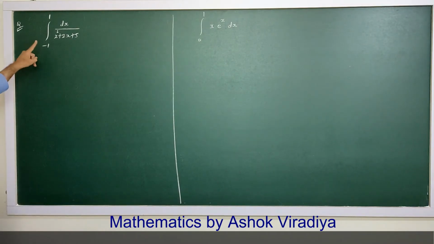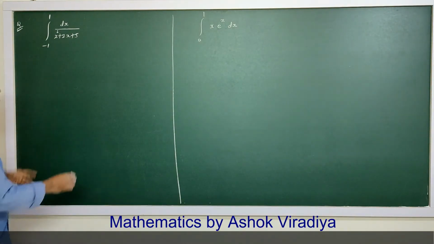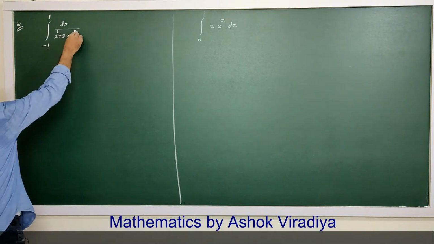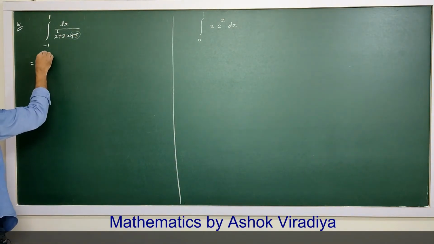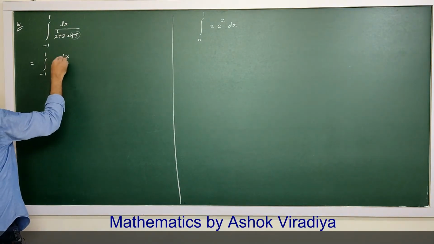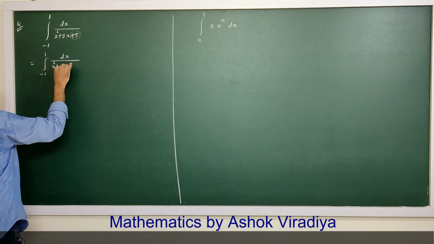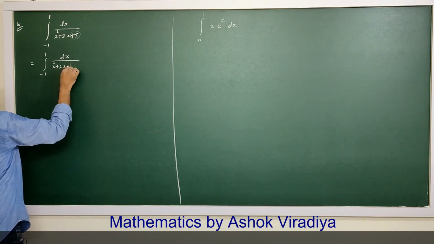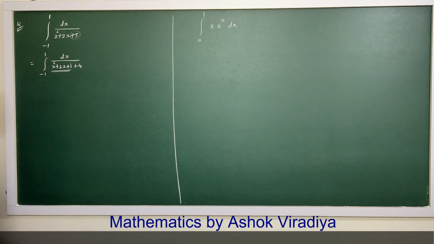Now see, integral from minus 1 to 1 of 1 upon x square plus 2x plus 5. In this method, we split up 5 in such a way that we get a perfect square polynomial. So this can be expressed as x square plus 2x plus 1 plus 4. So this part is now a perfect square.